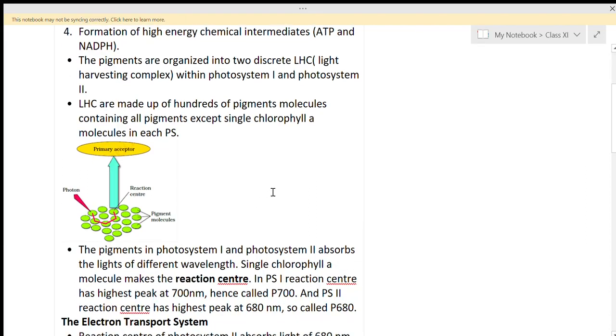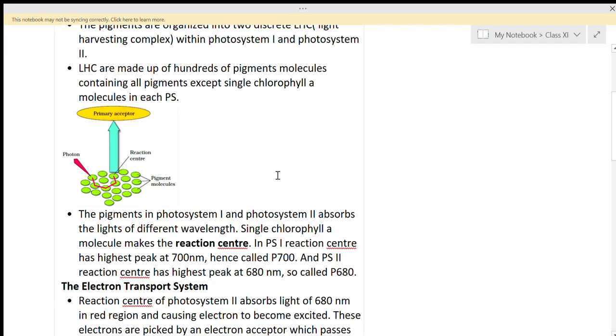Only a single chlorophyll A is not found in that LHC, light harvesting complex. Now this single chlorophyll A molecule in each photosystem is the reaction center.